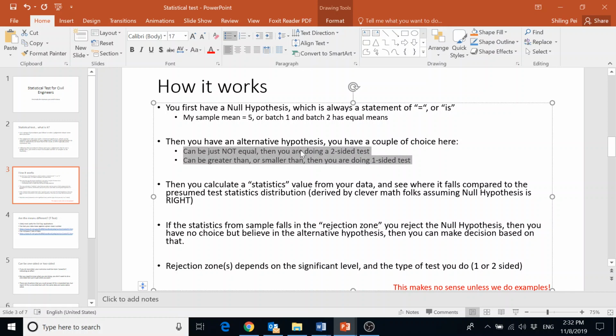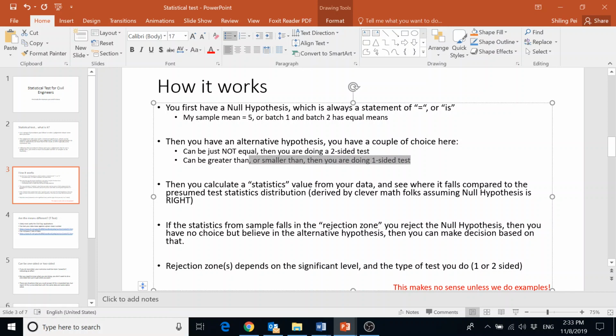If you do two-sided, you only get the judgment that they are either equal or not equal. But if you do one-sided, you can get more information. People can think of this as a more powerful way to do it, but we'll talk about that later. You don't always need to do either one of them, and there's engineering judgment in choosing which one to do.